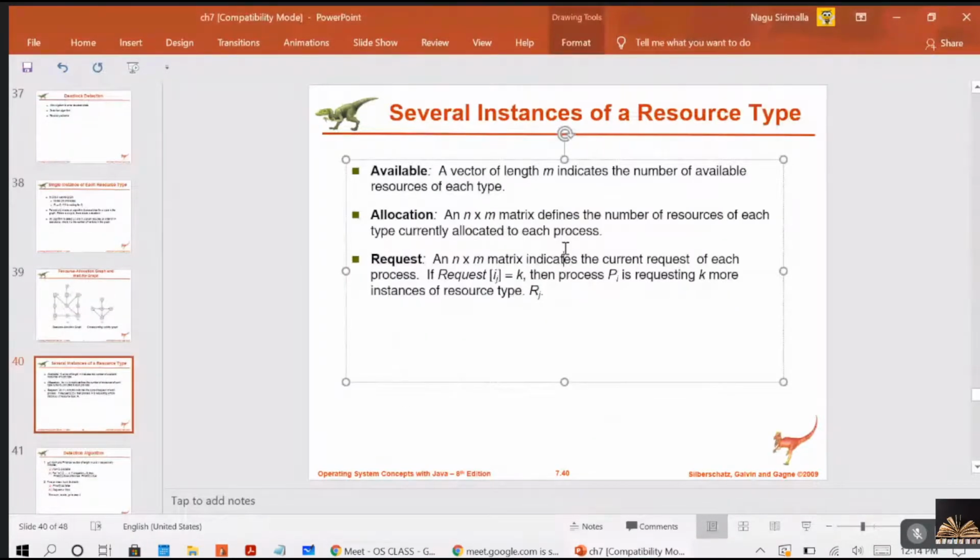Now, what to do if a resource has more than one instance, multiple instances? How can we find out deadlock detection? For that we have a detection algorithm. Before that you should know the terms available, allocation and request. Available is a vector of length m that indicates the number of available resources of each type.